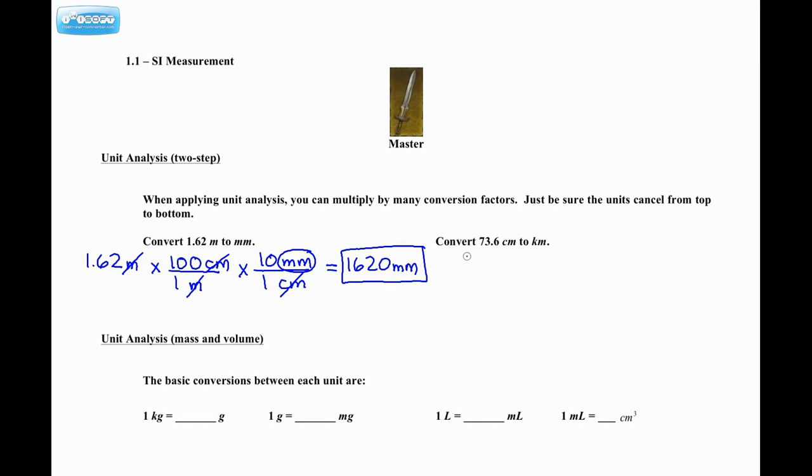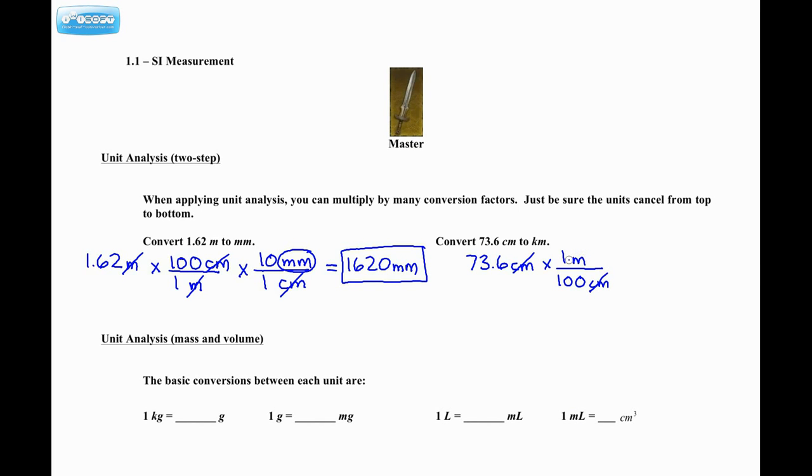So we begin with the given measurement, so 73.6 centimeters. And let's go to meters first. Okay. So I want these centimeters to cancel, so that means the centimeters has to go in the denominator. So there are 100 centimeters in a meter. So now my centimeters are gone.